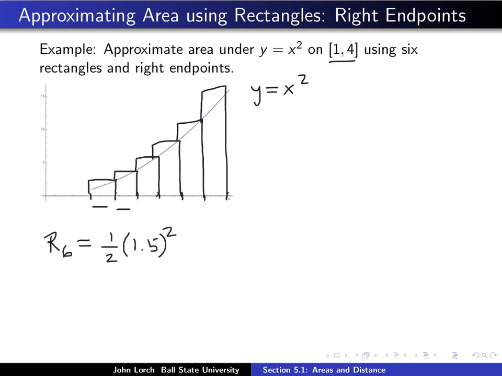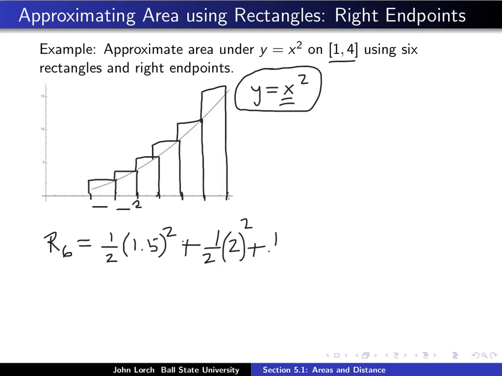The reason I'm squaring is because I'm told that heights of points on the curve are found by squaring numbers. What I've just written down there is the area of the first rectangle. Then I go to the next endpoint, which is 2, and I look at that second rectangle. Its area is going to be 1/2, the length of the base, times 2 squared.